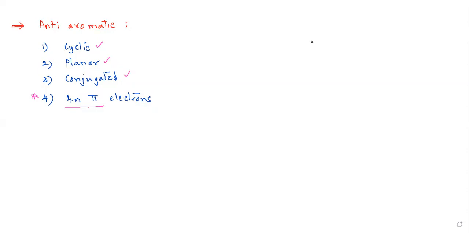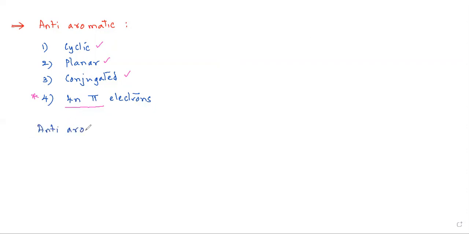And when you see the stability of anti-aromatic compounds, and when it is compared with that of the open chain compounds with the same number of pi electrons, they are less stable. Okay.